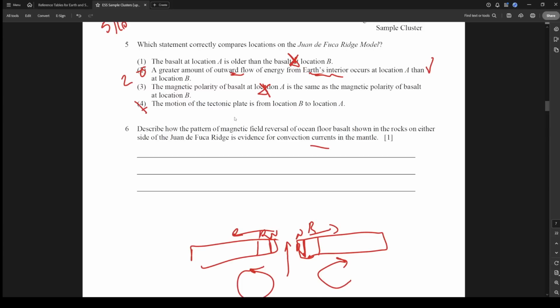So I just got to word that in a certain way. Describe how the pattern of reversal shown is evidence for convection currents. Okay, so we could say, since the pattern of fields is mirrored, the plates are separating.